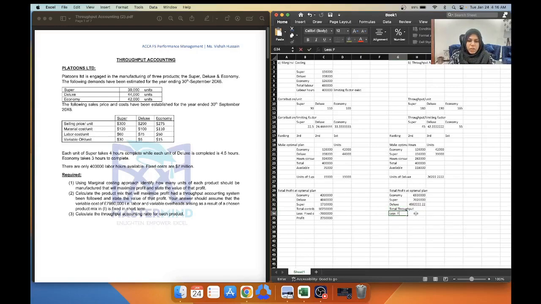First you subtract the actual fixed cost, which means the general fixed cost, so 7 million.